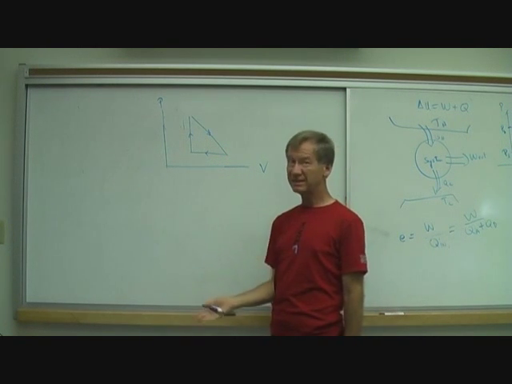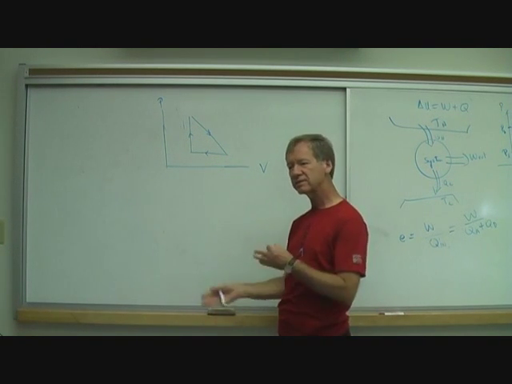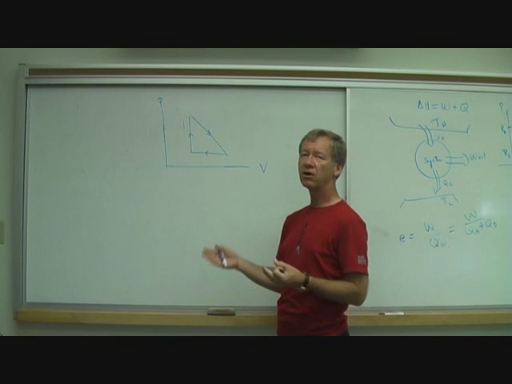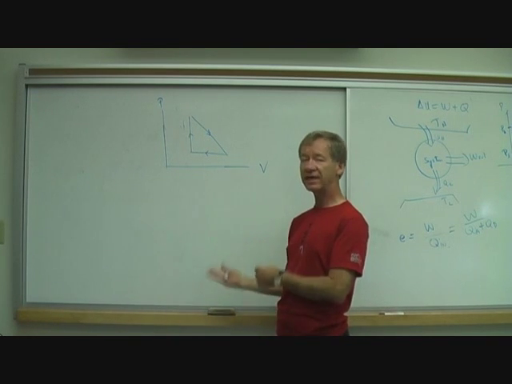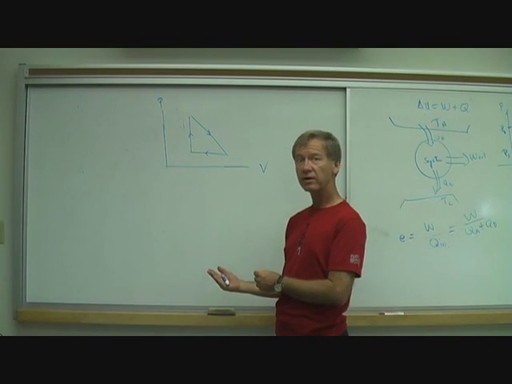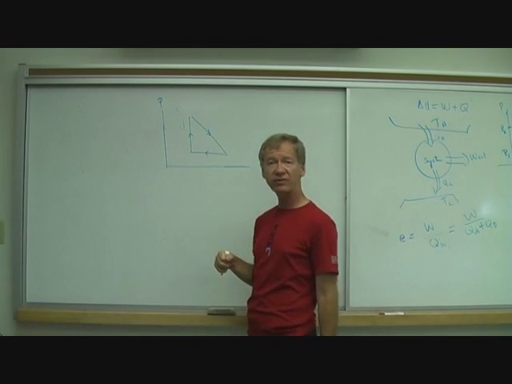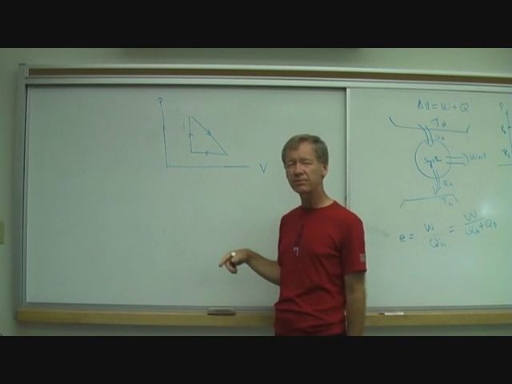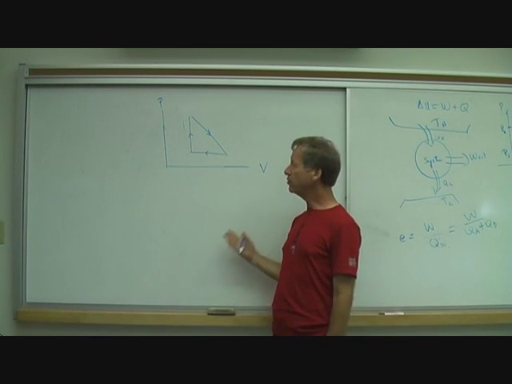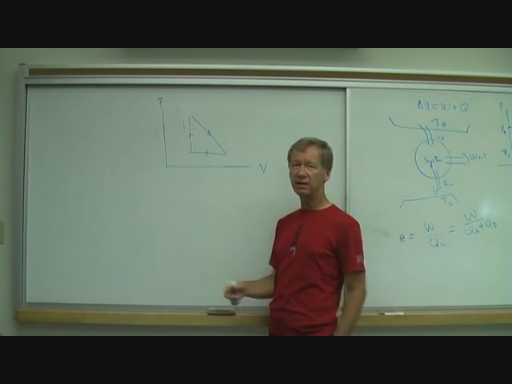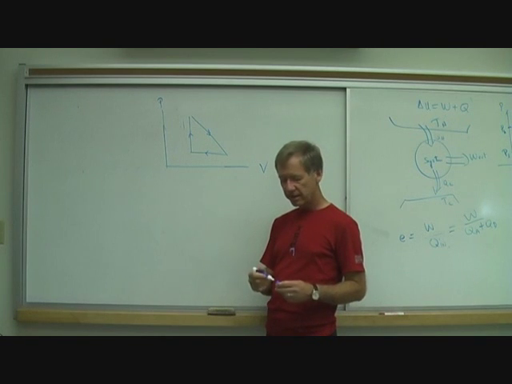It would be really difficult to get this to work right, and also to figure out the heat flow. The amount of work, that's easy. It's the area under the curve. That one kind of makes it simple to figure out that way. But those other things make it a lot more difficult.